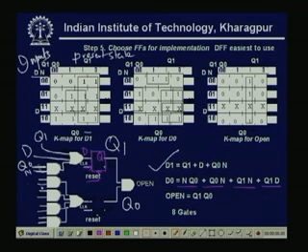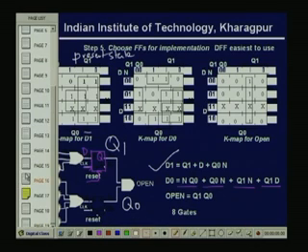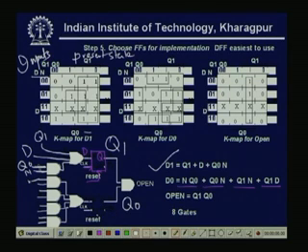First we realize nq0, so this will be n, this will be q0, similarly this will be q0, this will be n, this is q1, this is n and this is q1d.